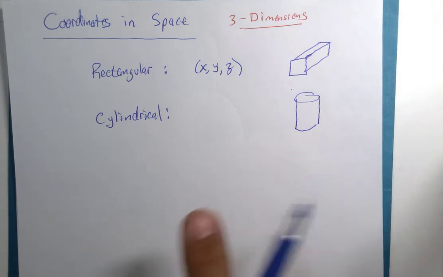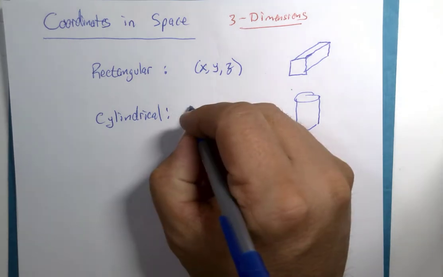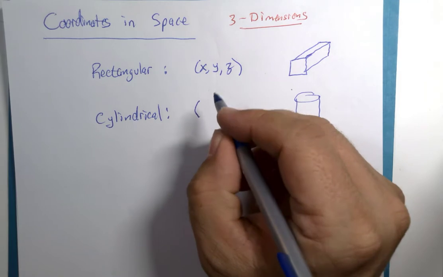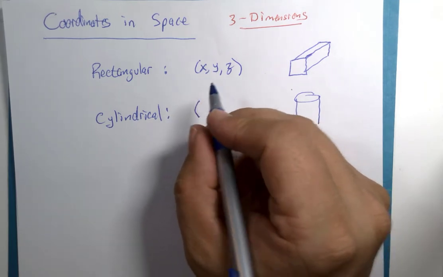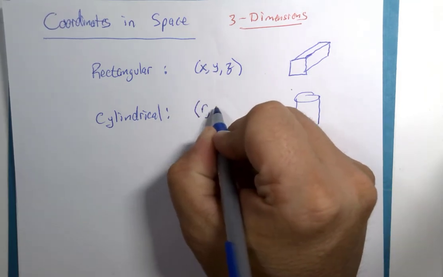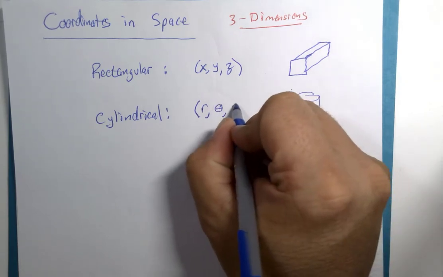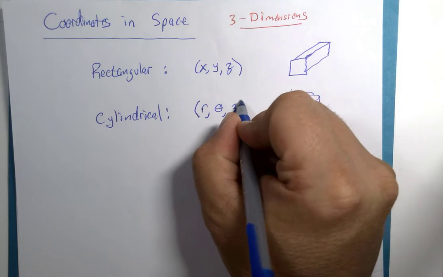rotated around an axis. So cylindrical coordinates, I have a nickname for them, but let's write them down first. The x and y are our polar coordinates, r and theta, and then z remains z.